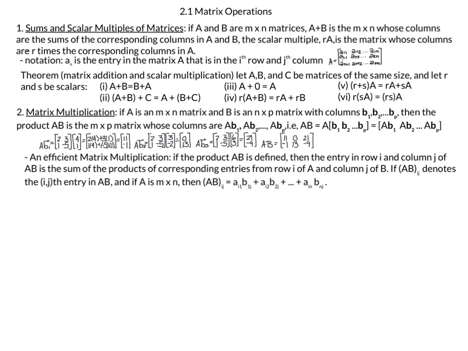If the product AB is defined, then the entry in the ith row and jth column of AB is the sum of the products of corresponding entries from row i of A and column j of B. So if (AB)ij denotes the ij entry in AB, and A is m by n, then (AB)ij is equal to Ai1 B1j plus Ai2 B2j up to Ain Bnj.